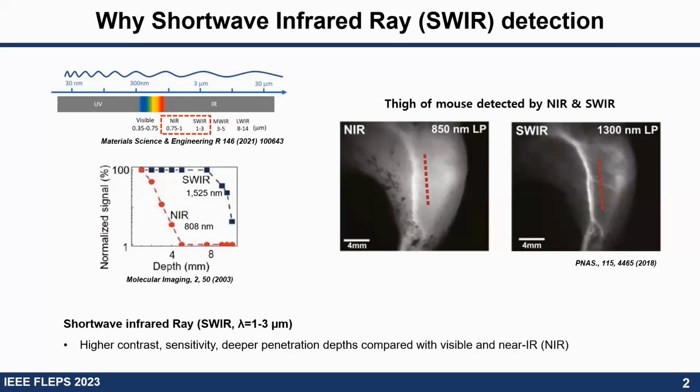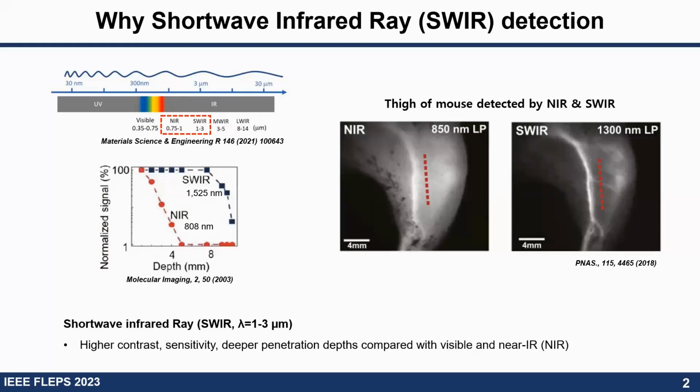Normally, near IR and shortwave IR are used in biomedical imaging because of its narrow band gap. Comparing the near IR and shortwave IR in terms of the penetration depth to the human body, shortwave IR shows deeper penetration depth compared to near IR.